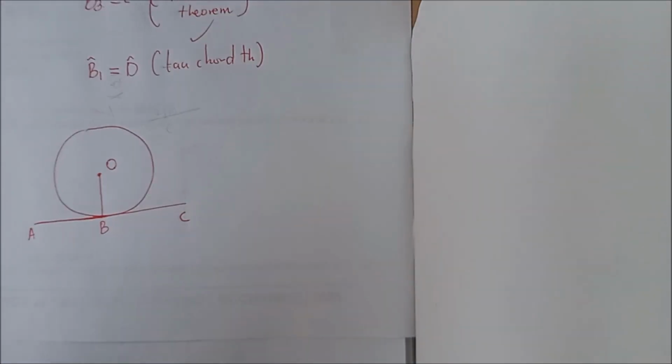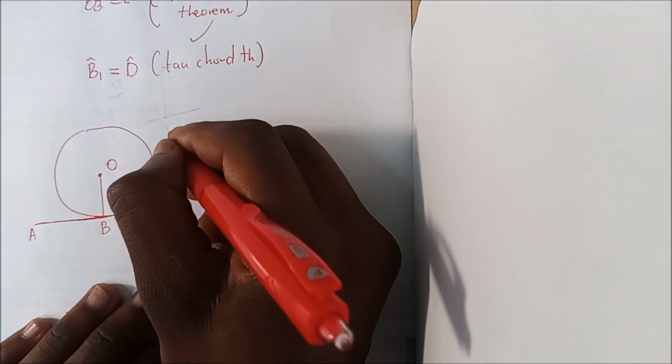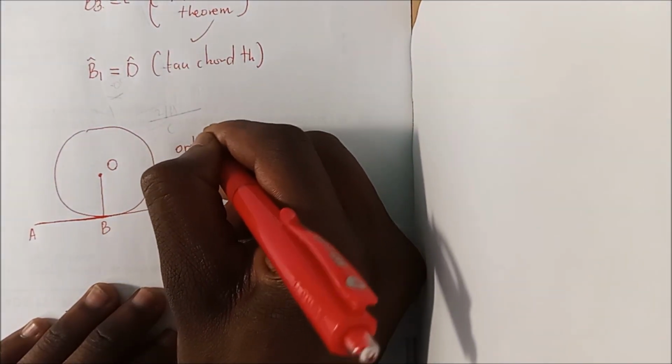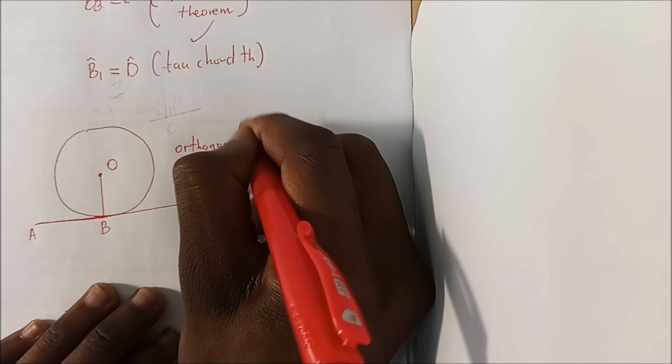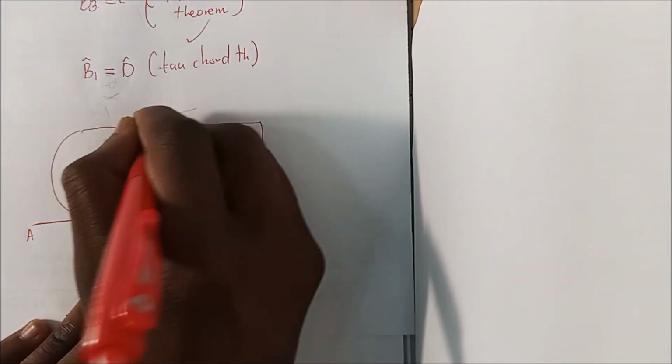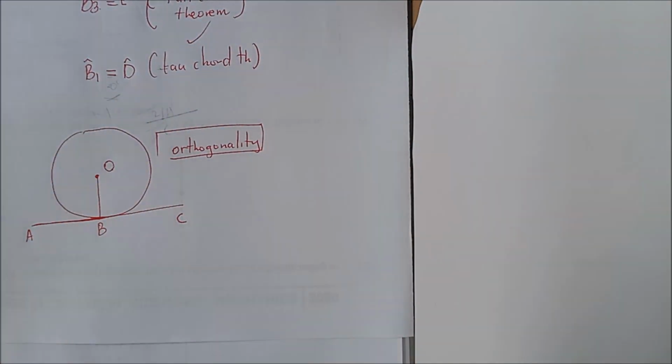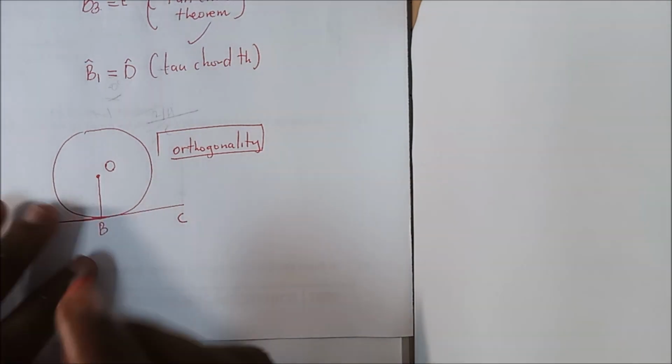So what we know is whenever we have a tangent and a radius working together, we get what we call orthogonality. It's a concept. It's basically a word for perpendicular.